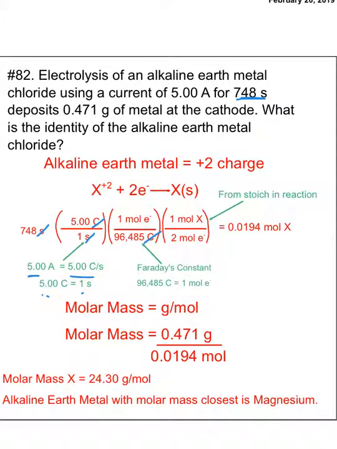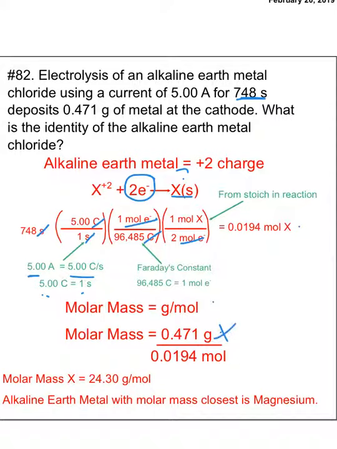But moles of electrons doesn't help me, I want moles of the metal. Because it's an alkaline earth metal, it's going to take 2 moles of electrons for every 1 mole of metal, because alkaline earth metals are in that second column on the periodic table, so they have a +2 charge. So that way moles of electrons are gone, and now we're in moles of X, whatever this X is. Molar mass is equal to grams divided by moles, and they told me I'm going to make 0.471 grams of the metal.